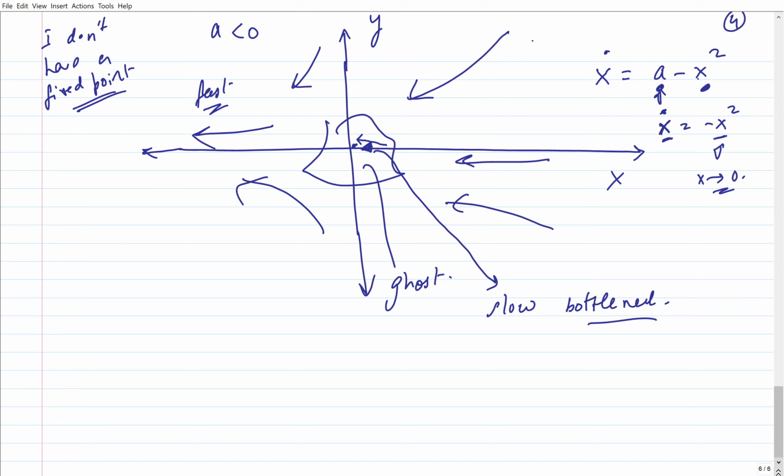Similarly, the second case was a transcritical bifurcation, which was essentially the same thing which we discussed. The canonical example of the transcritical bifurcation was x dot equals ax minus x squared, and y dot equals minus y.